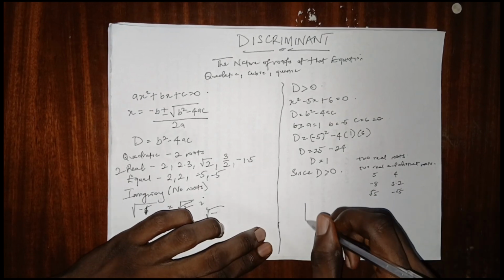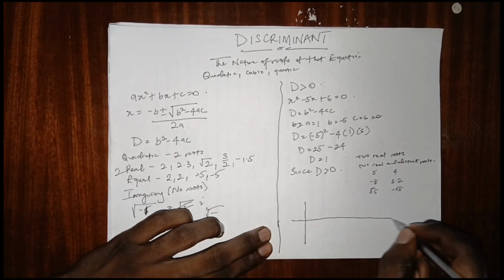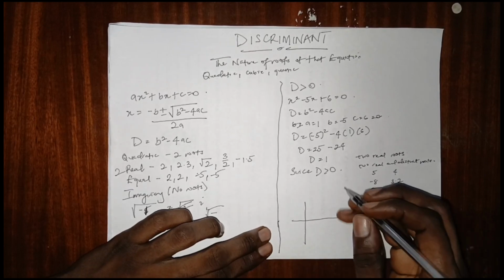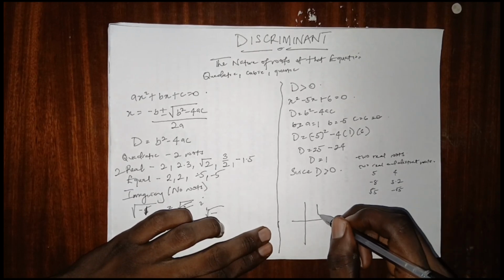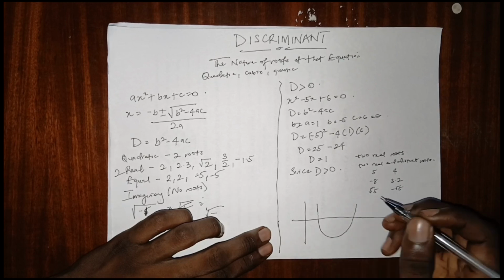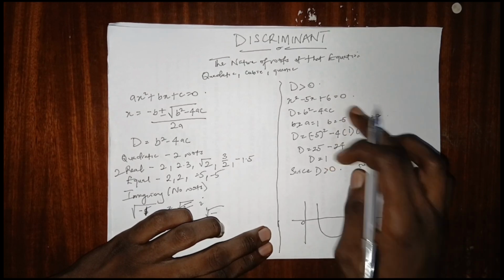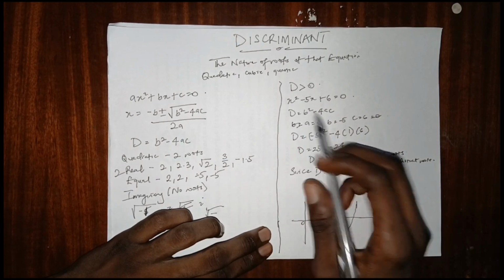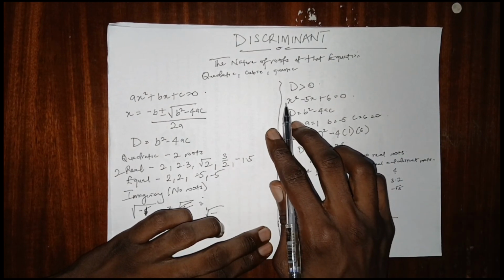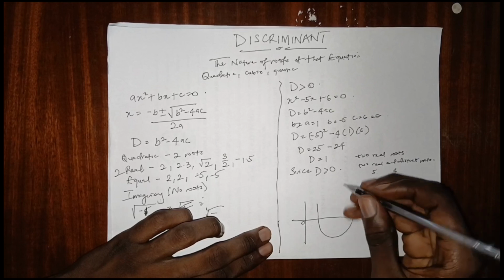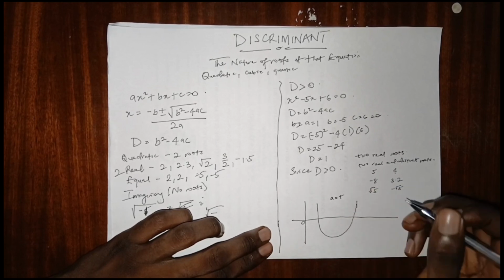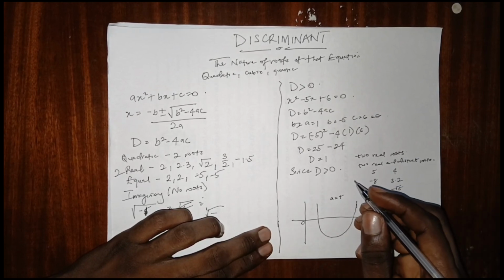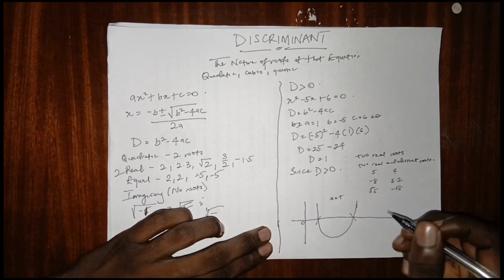You can also represent this in a graph. For real and distinct roots, where y equals 0, it is crossing the 0 line. When a is positive, the graph is facing up, and that means there are two distinct points.